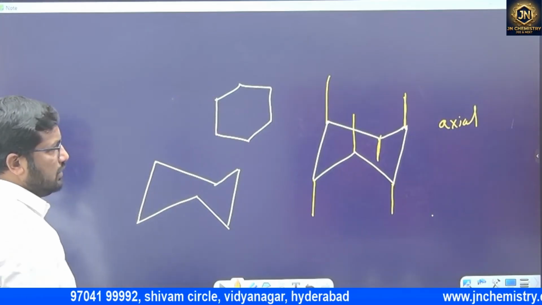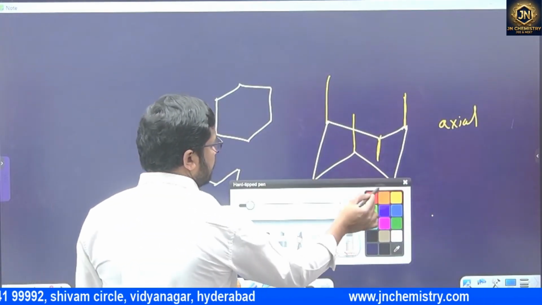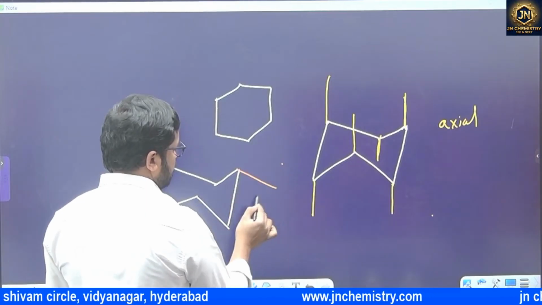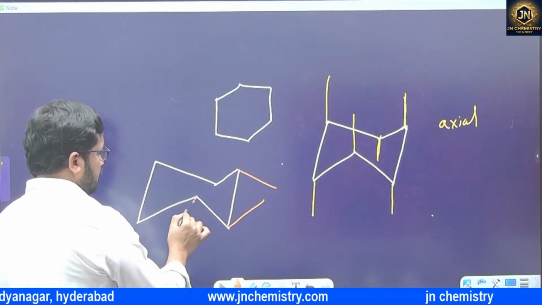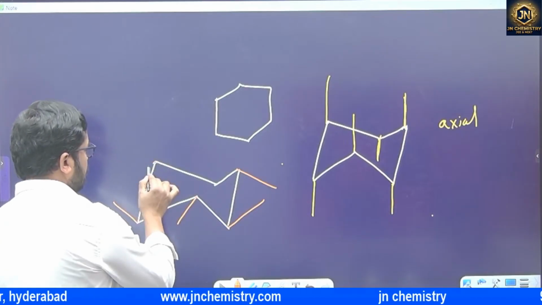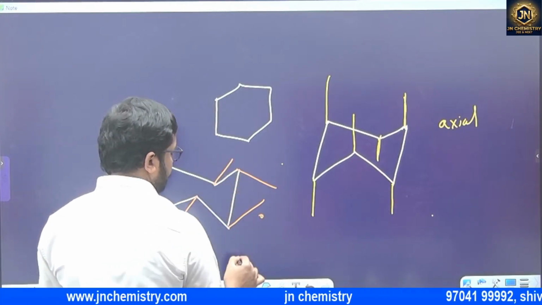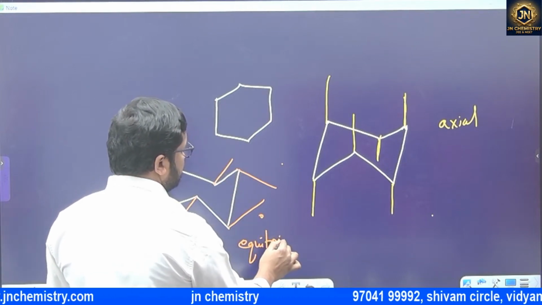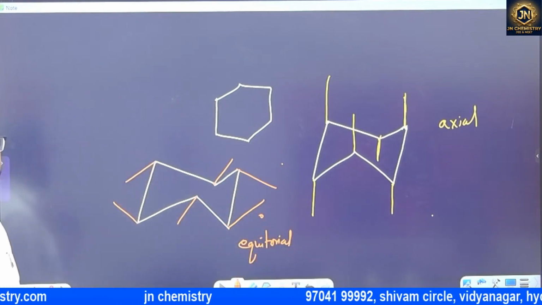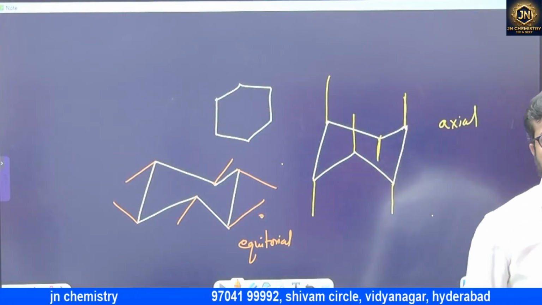So for example, in this case, this is equatorial. Write it down. Axial and equatorial. Right, draw the structure.